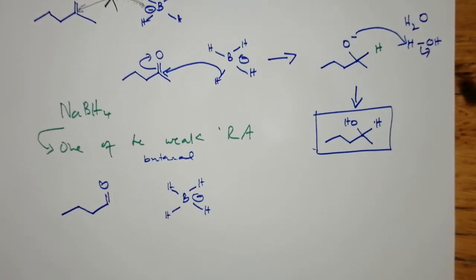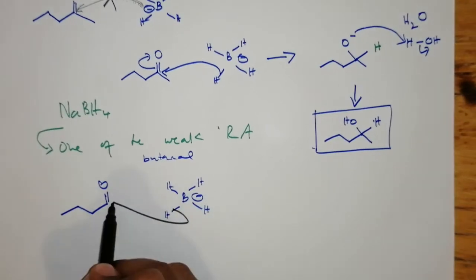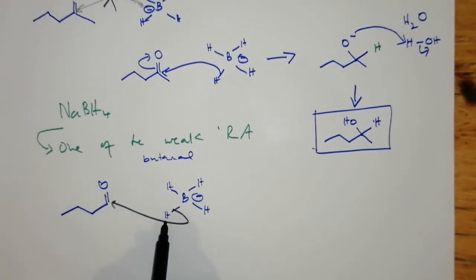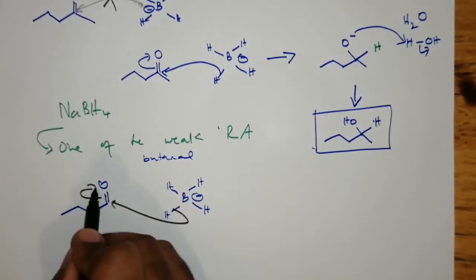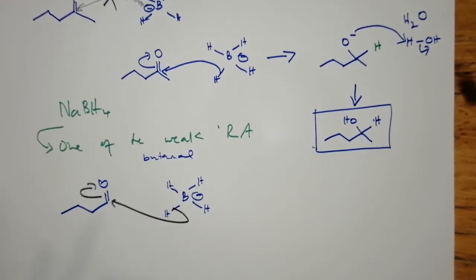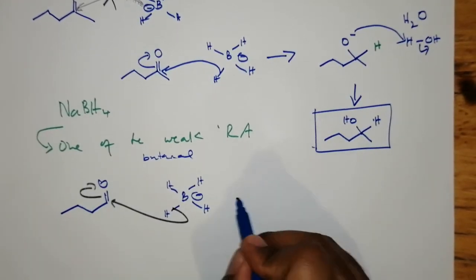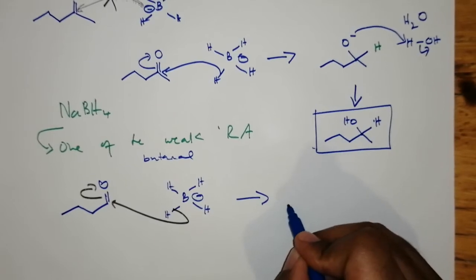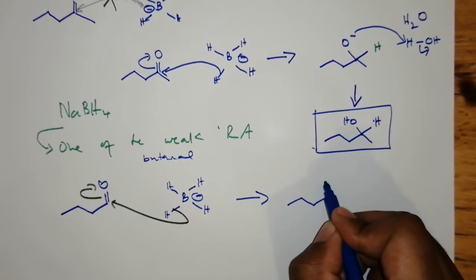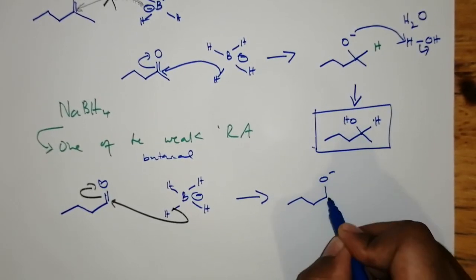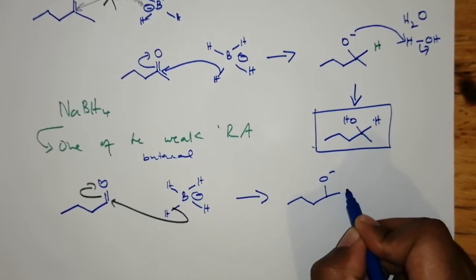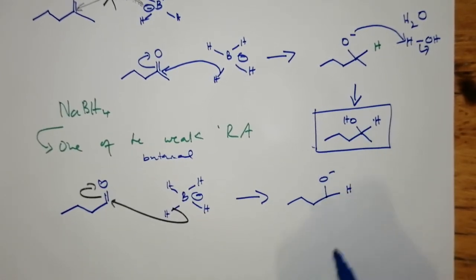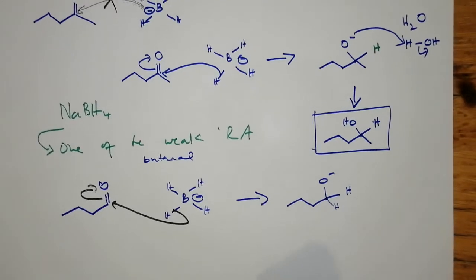So you might see other mechanisms having curly arrows like this, just to show that this is the one that is coming here. So you will have our thing like this. So we've got O minus, and then we have our H there. Obviously we do have another H here.